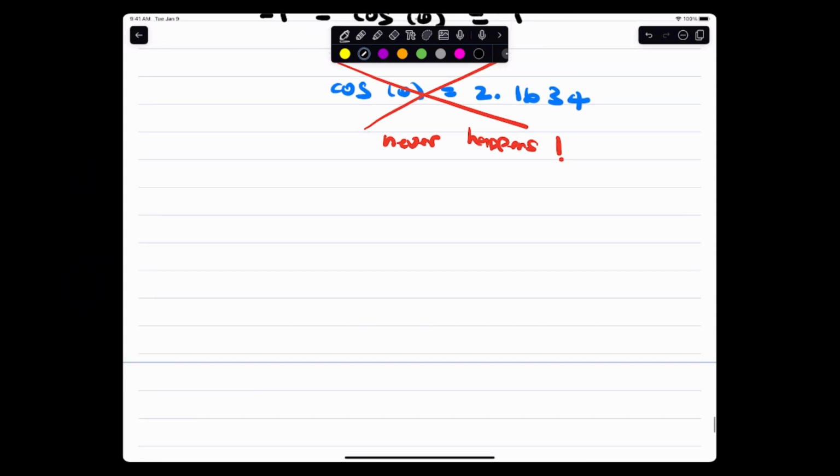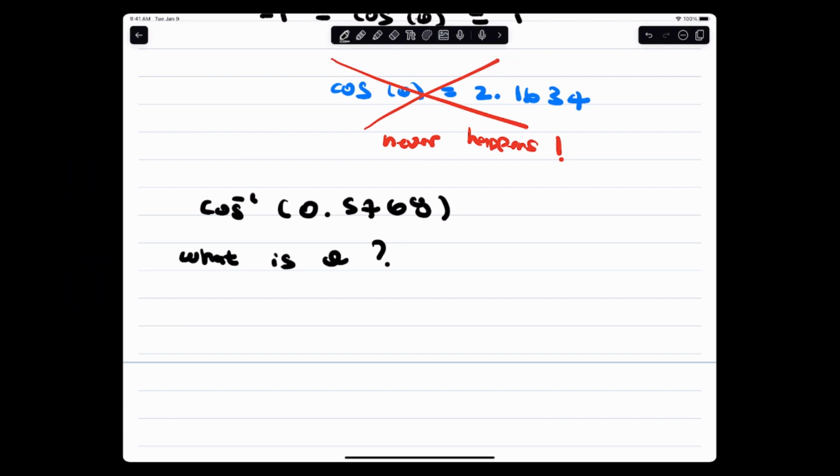So if we had to do another example, and now they say, okay, 0.5768, and they really want to know what is theta using your calculator again.